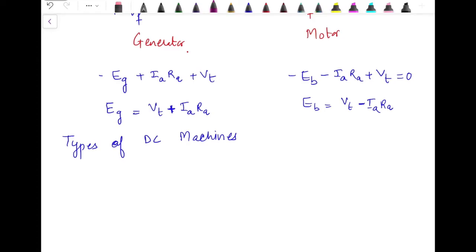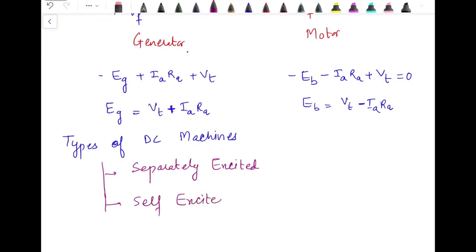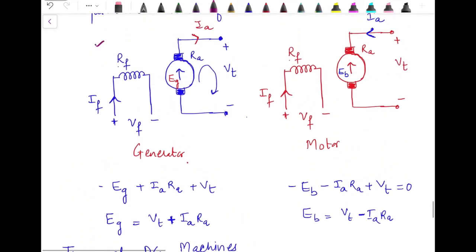So the types are separately excited and self-excited. Separately excited means there is no connection between field winding and armature winding.